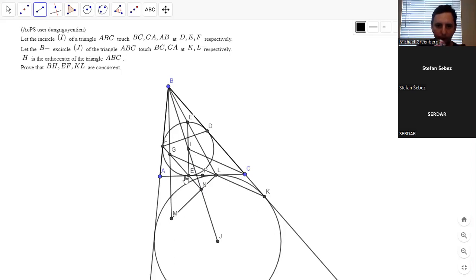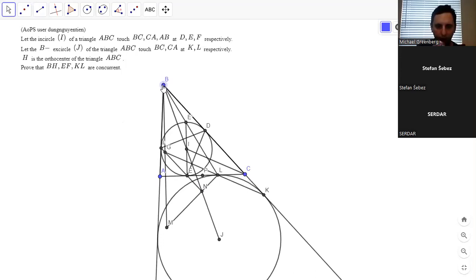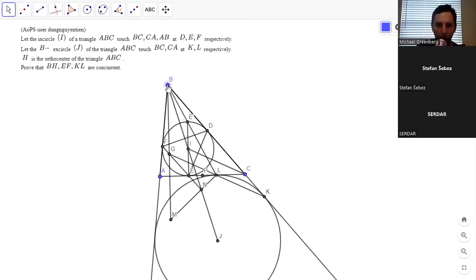I wonder if E, B, and this point are collinear. If that were true, that might be equivalent to the problem if we can show that ED and that intersection point are collinear.